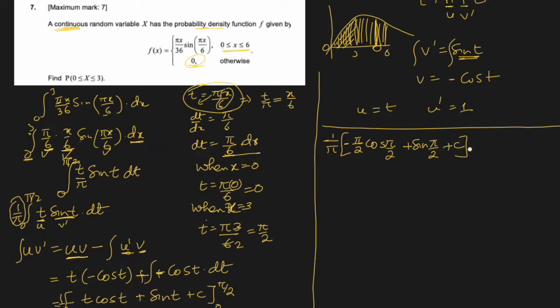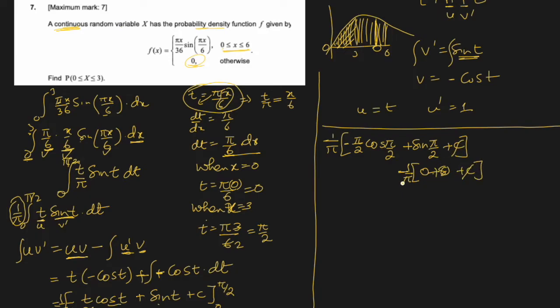If you don't write c, it's okay, but I'm writing it to cancel it later on. Minus again 1 over pi, 0. Okay, 0 times cos 0 will be 0, so no need to write it. Then sine 0, sine 0 is 0, right? Plus 0 and plus c.